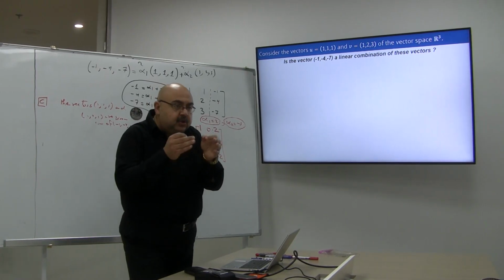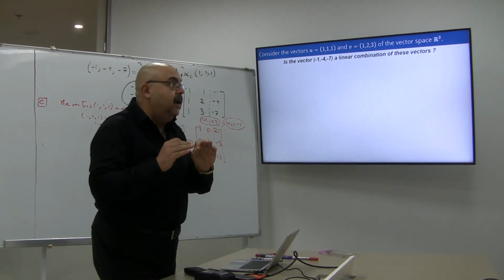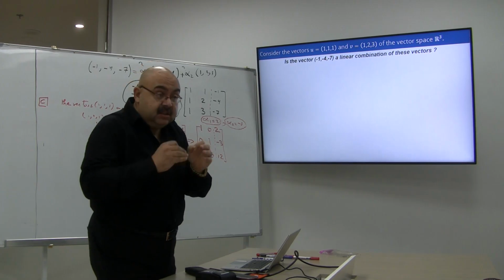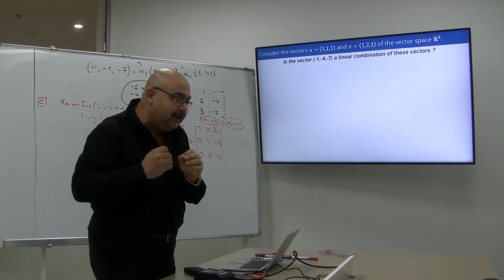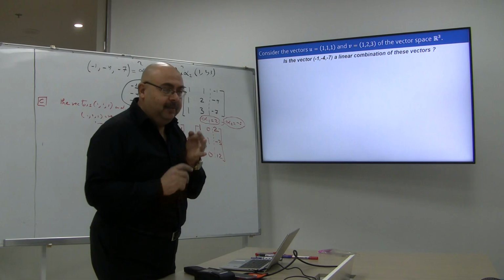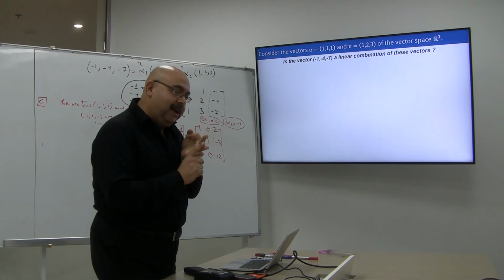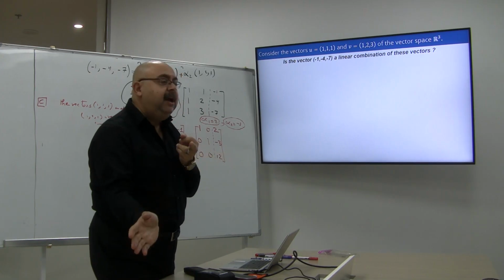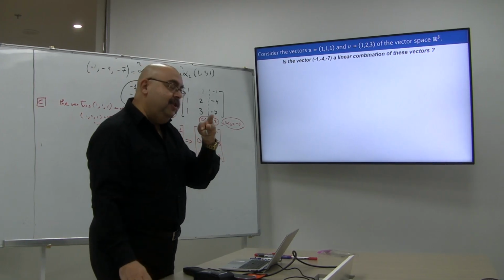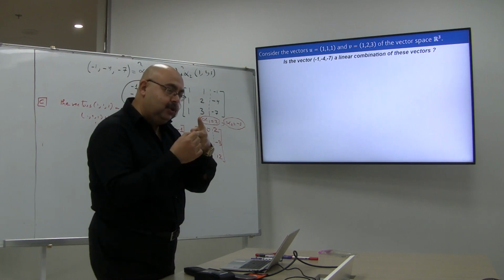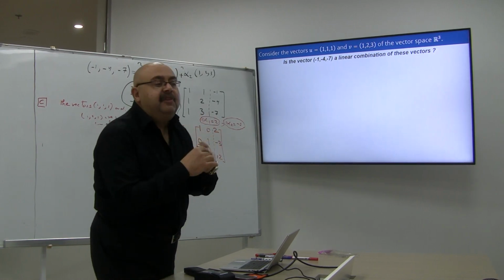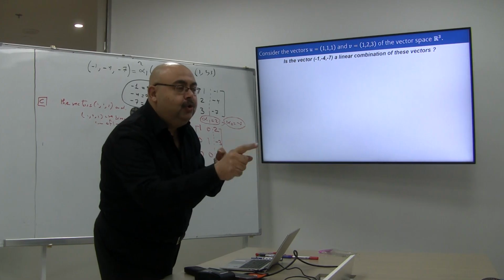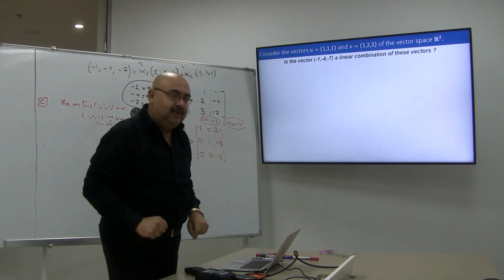We are in the cases related to the solution of a system of equations. You may have one solution, you may have an infinite number of solutions, or you may have no solution. No solution means it can't be a linear combination. Then you will have either a unique solution, or infinitely many solutions, which will show you a problem in just a second in this case.